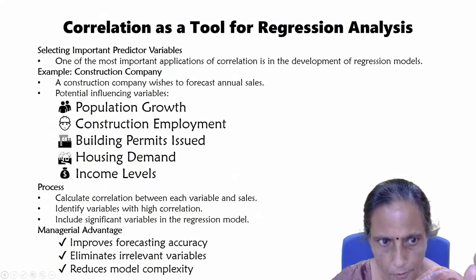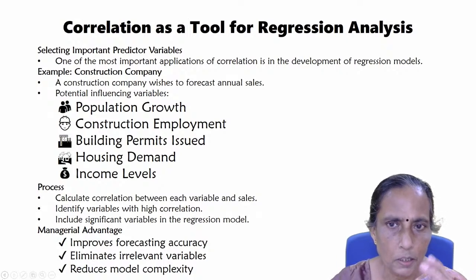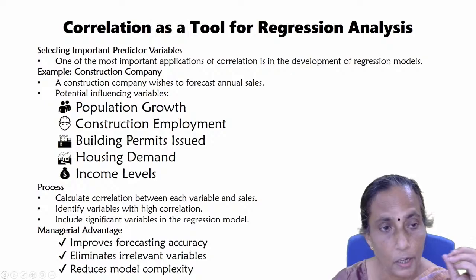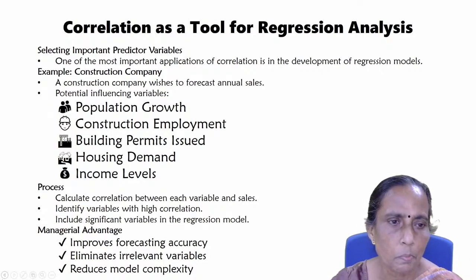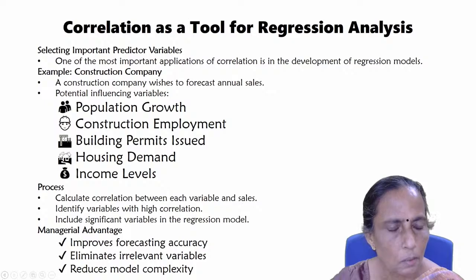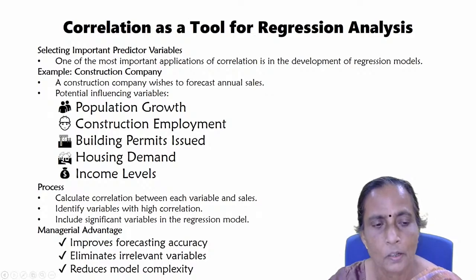It is a tool for regression analysis. One of the most important applications of correlation is the development of regression models. A construction company wishes to forecast annual sales. Potential influencing variables may be population growth, construction employment, building permits issued, housing demand, income levels, and so on.